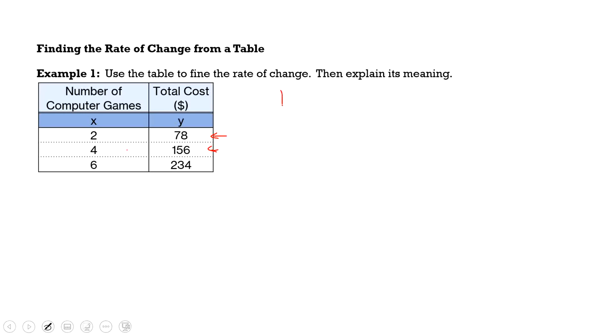So I'm going to do 156 minus 78, and that's going to be over 4 minus 2. Because my bigger x is 4, I want to put that number first on both the top and the bottom. When I do this math out, I end up with 78 divided by 2, which equals 39. So what this is telling me, if you want to be technical, it's $39. So that's my rate of change.